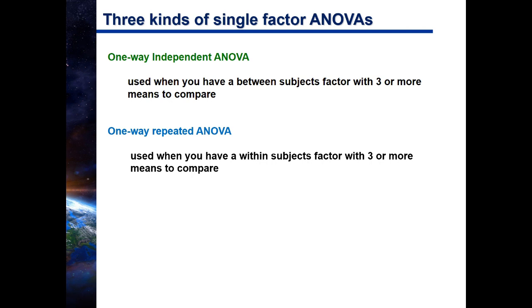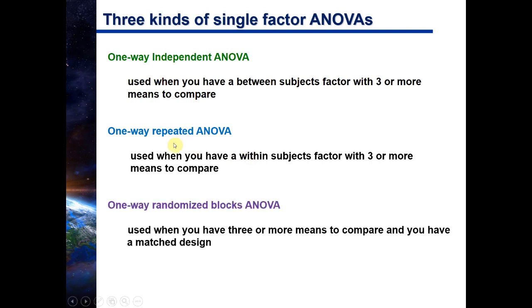Now, we have a special name for the ANOVA when it's different people in each group and they have been paired or matched. And it's called a one-way randomized blocks ANOVA, right?